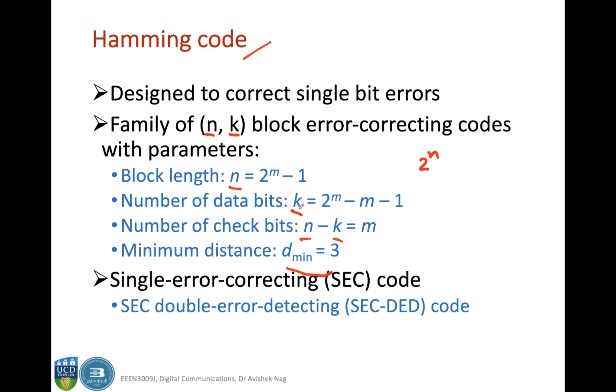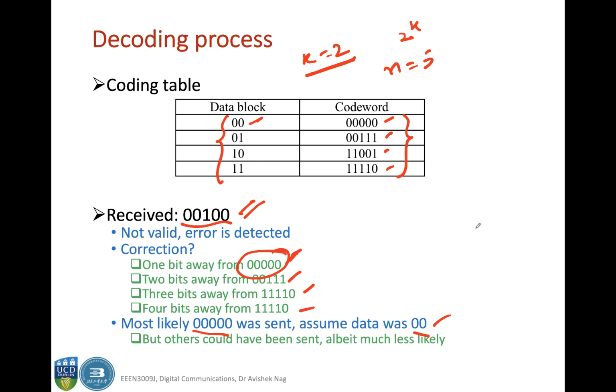If you have a k-bit data block, then 2 to the power k code words are possible, each of length n. Now if you look up all these 2 to the power k code words, in this case we have 2 to the power 2 because your k was 2, so you have 4 code words.